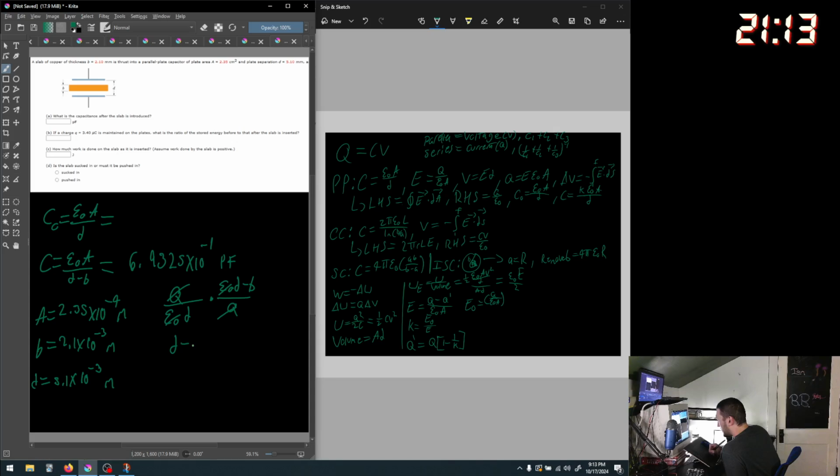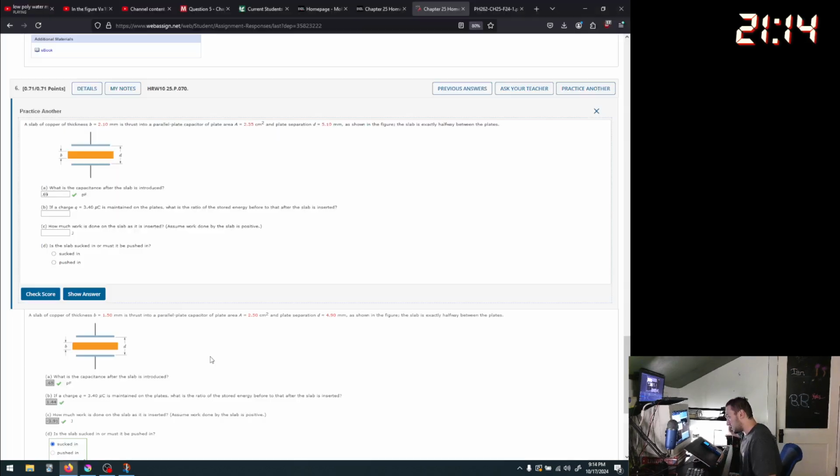So it's going to be D minus B over D. So it's going to be 5.1 minus 2.1 divided by 5.1, which is 0.588. I really hope that's right. It doesn't look like it's going to be right.